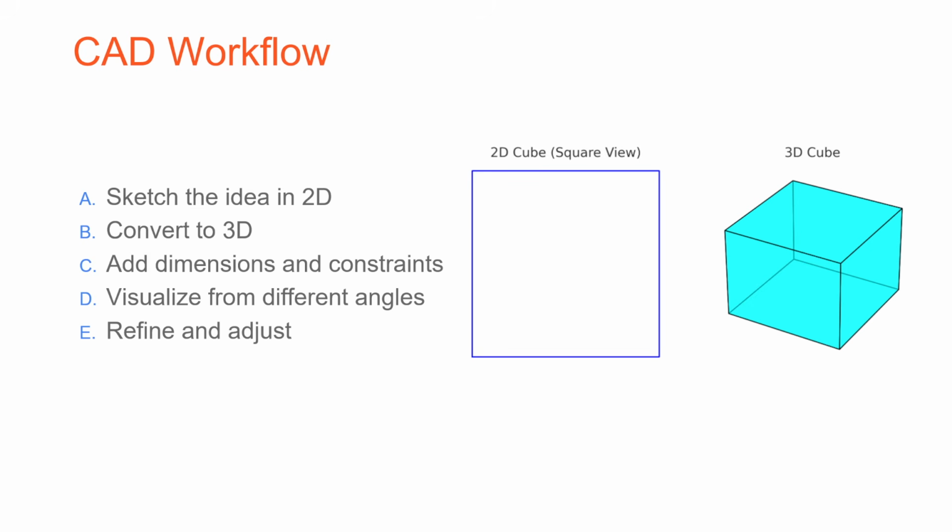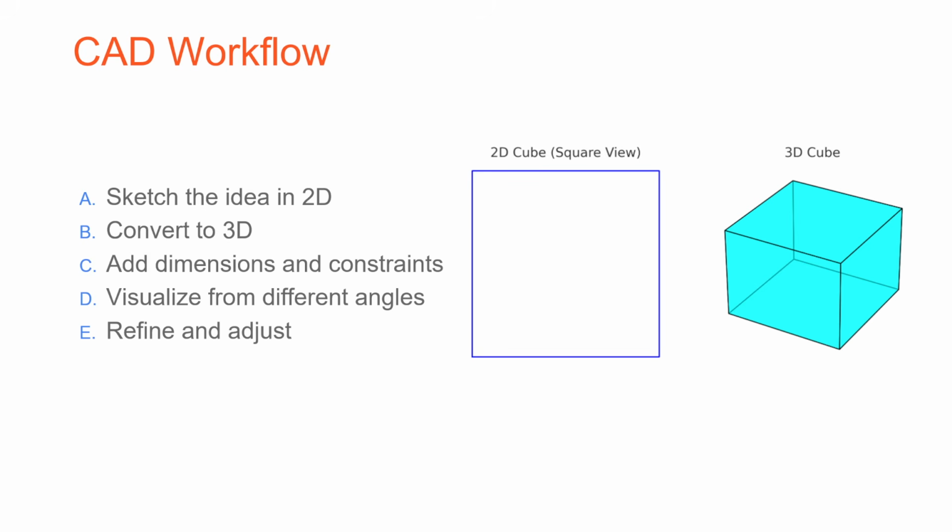So now let's talk about the CAD workflow. Even without software, understanding how a CAD project flows is essential. First, sketch the idea in 2D, which is the base part. Start with a flat plan of what you want to create. Then convert it to 3D using extrusion, revolve, and lofting techniques. Next, add dimensions and constraints.